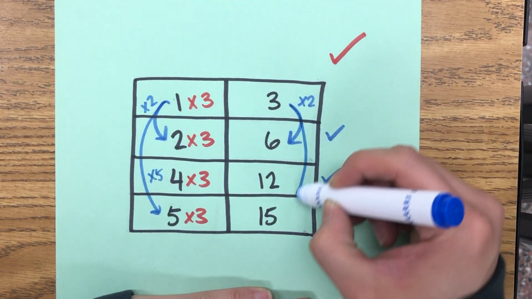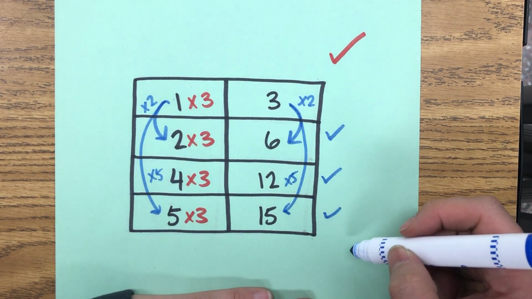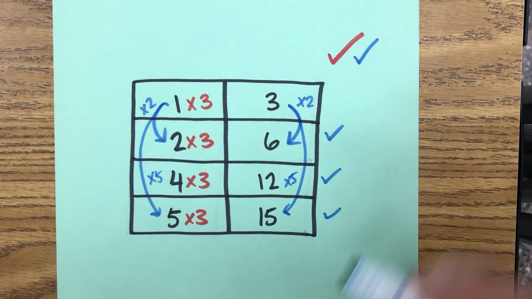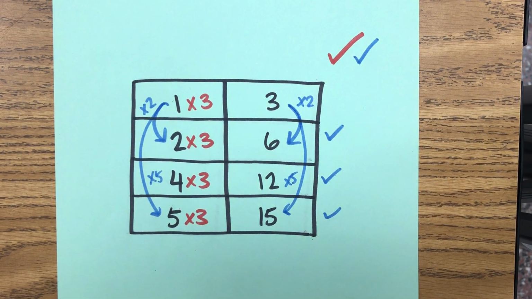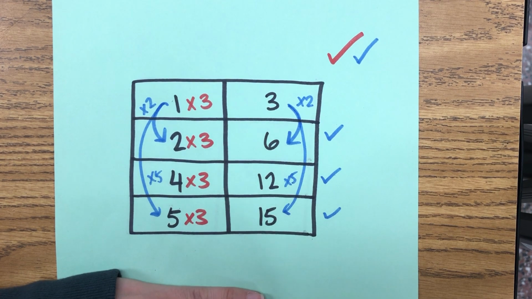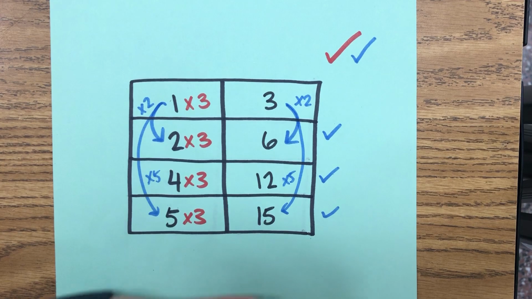Well, then 3 times 5 needs to be 15, and that is correct. So by that reasoning, this is also a proportional table. Sometimes it isn't so obvious that it is multiplied by 3 or some number, so you do have to check these jumps to see if it is proportional or not.